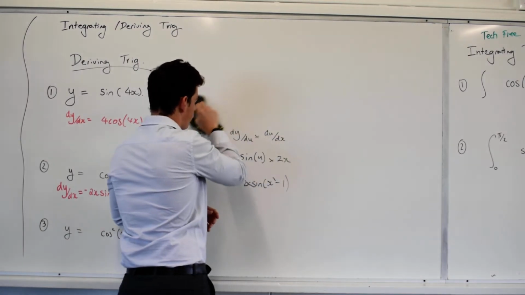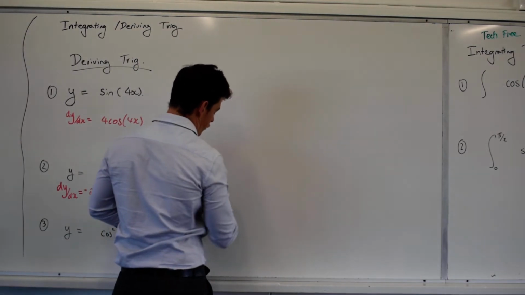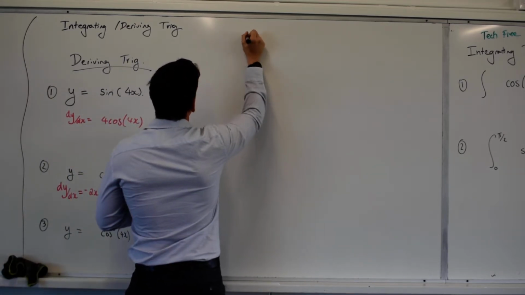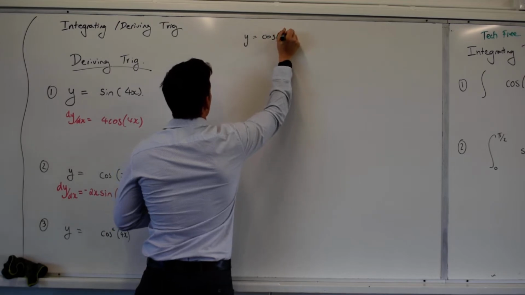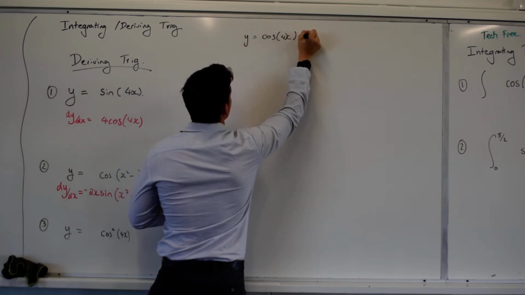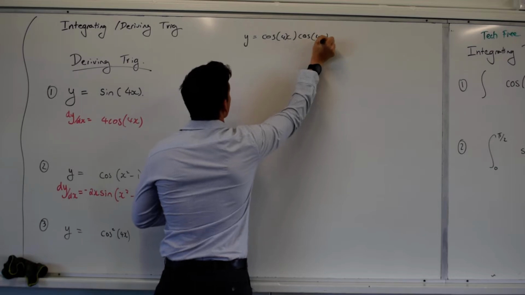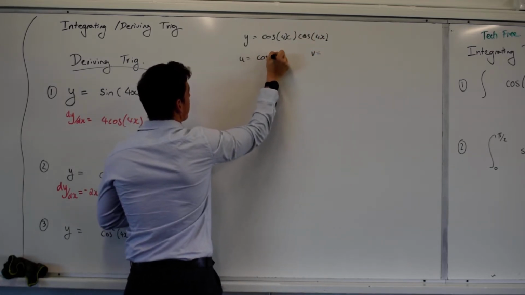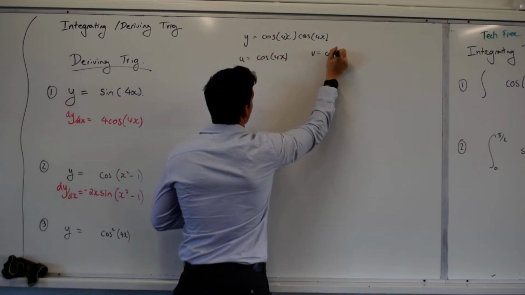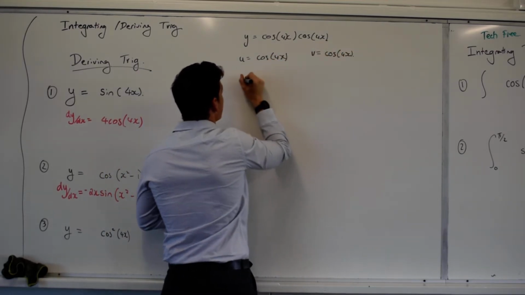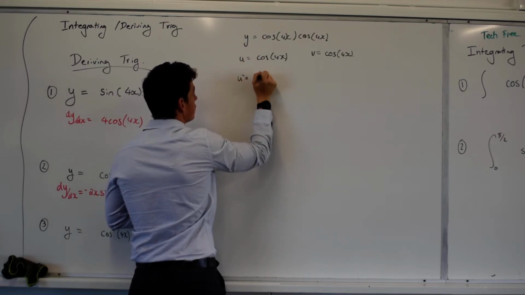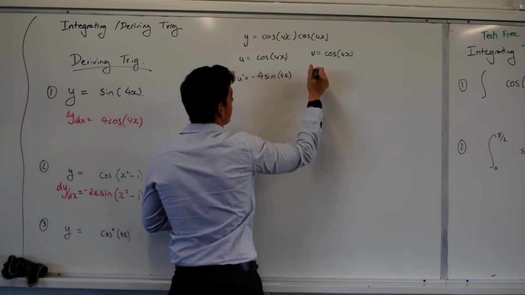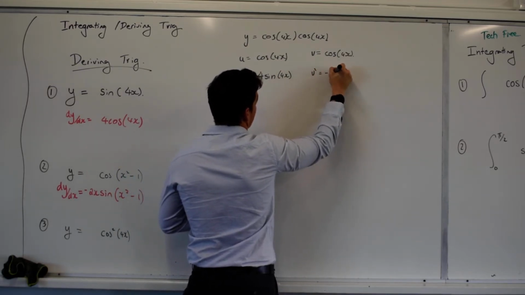For the product rule version, I should first represent my equation as y equals cos 4x times cos 4x, u equals cos 4x, v equals cos 4x, u dash equals negative 4 sine 4x, v dash equals the same thing.